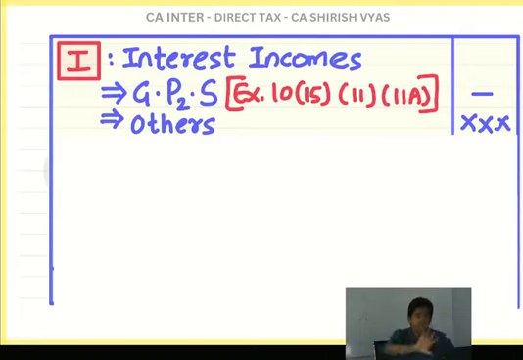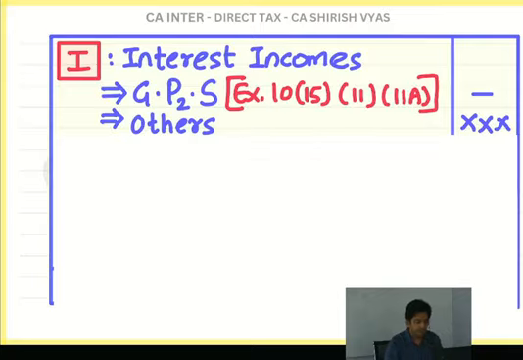Although it is a minor's income, where the parent usually gets only 1500 exemption, here it will be completely exempt. So if my daughter has some other income, then exempt up to 1500 for the parent. But the Sukanya Samriddhi account interest is totally tax free under section 10(11A). Sorry, 10(11A), yeah.